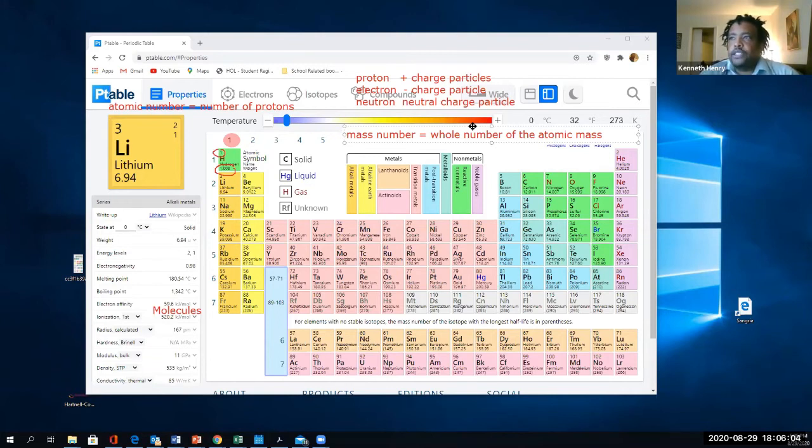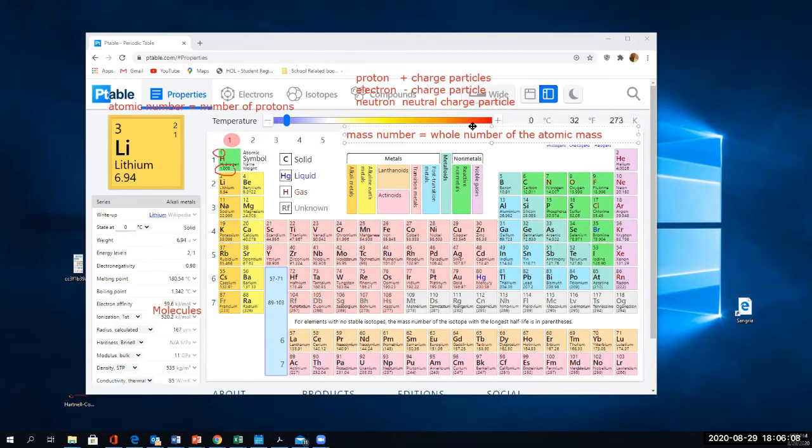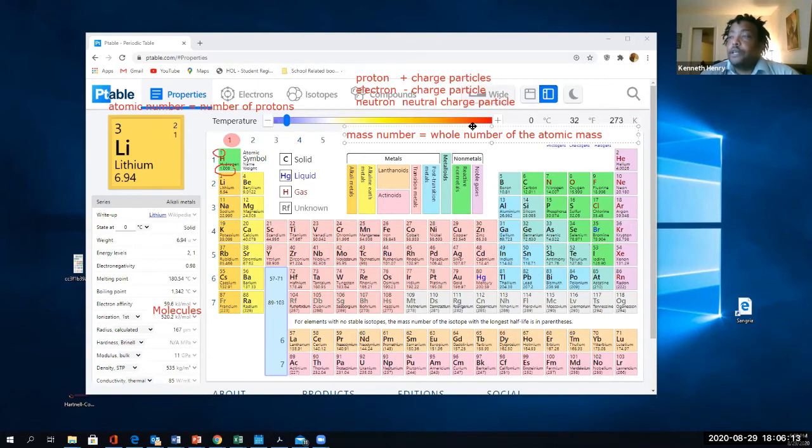So if it's 1.008, what would be the whole number of that? It would be 1. Okay. So what is the mass number for vanadium? 51. Okay.